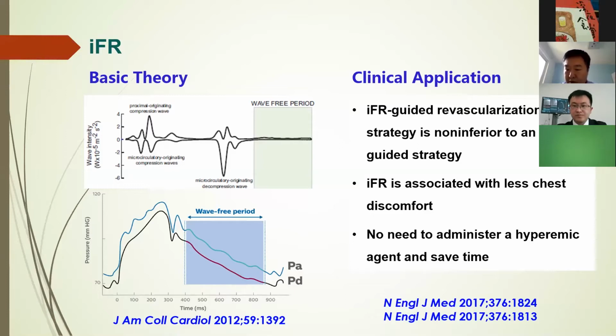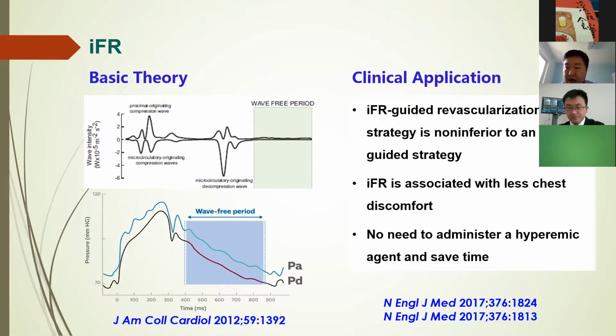In 2017, two very famous papers were published in the New England Journal of Medicine. They found the iFR with a cutoff of 0.89 had a very similar result to the FFR with a cutoff of 0.8.